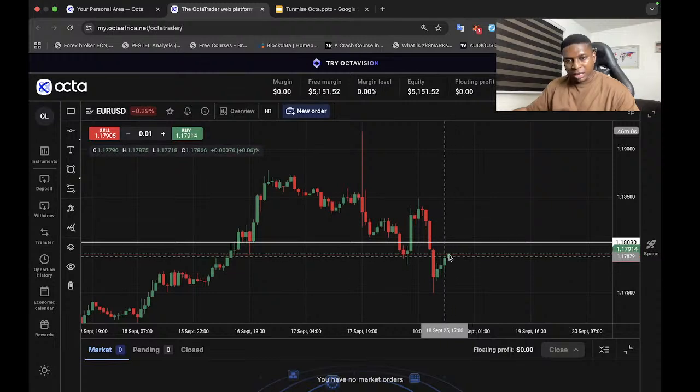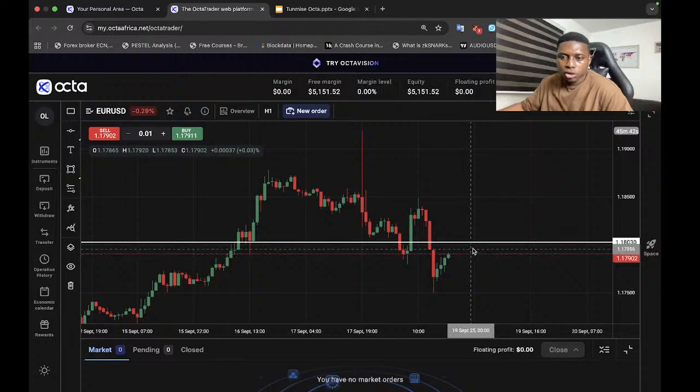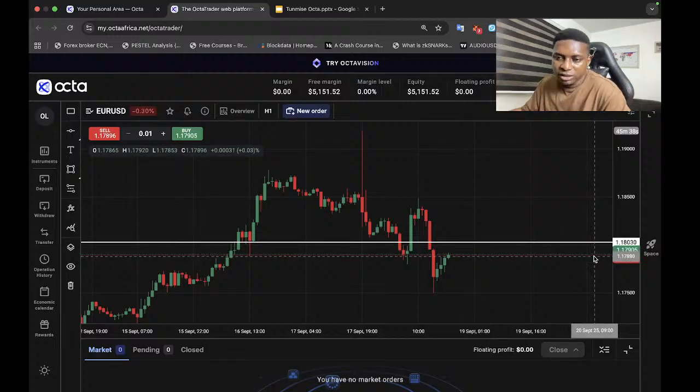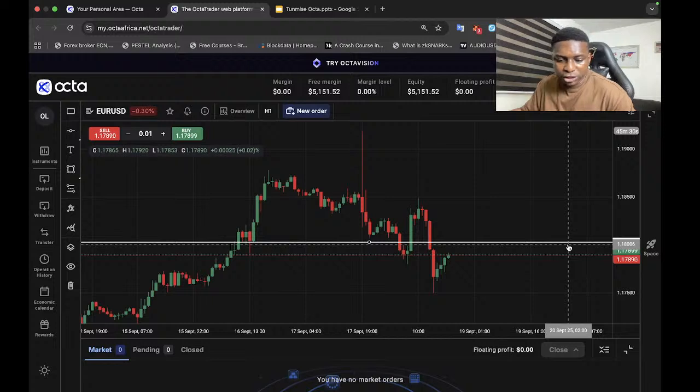Now, we don't want to trust the immediate market price and jump right into this market. We want to set a pending order, so that if the price goes up to 1.18030, then a buy should be triggered.